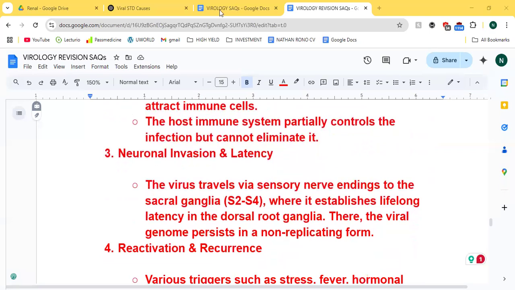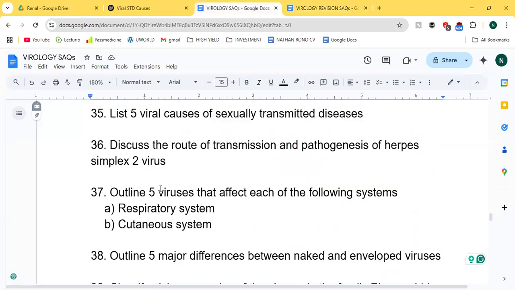Okay. Then we go to outline 5 viruses that affect each of the following systems. This one, everyone should be singing them. Respiratory system and cutaneous system. There are so many. Human influenza, rhinovirus, corona, influenza, good. Adeno.